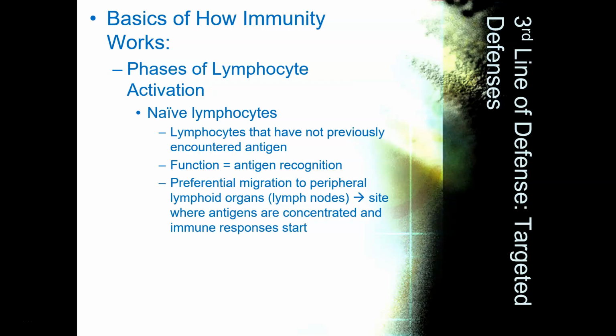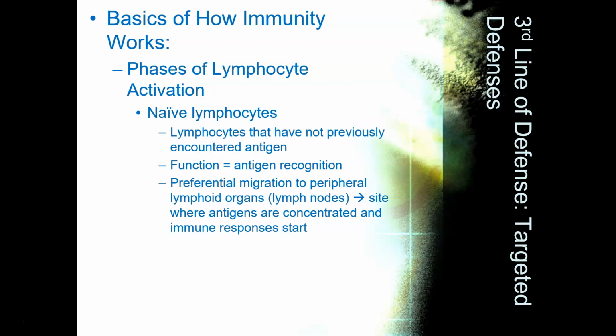Right now, although they are B cells or T cells, they haven't found their corresponding antigen yet, and so they're not really doing much of anything other than floating around, waiting for that connection to be made.